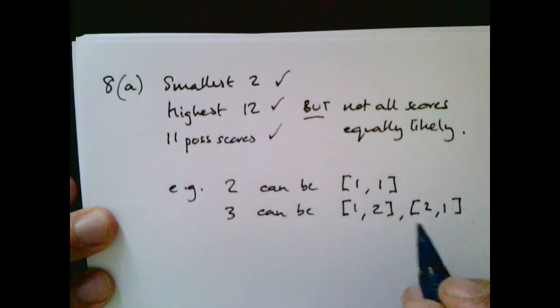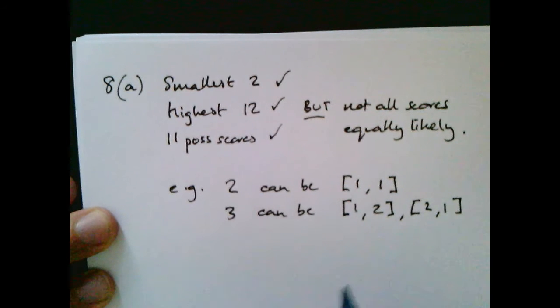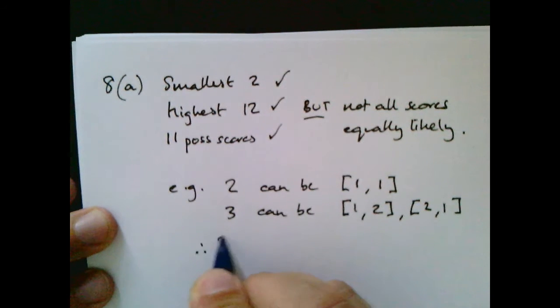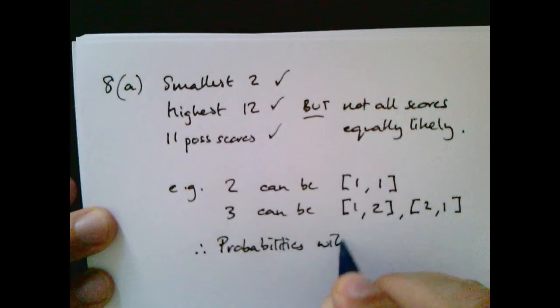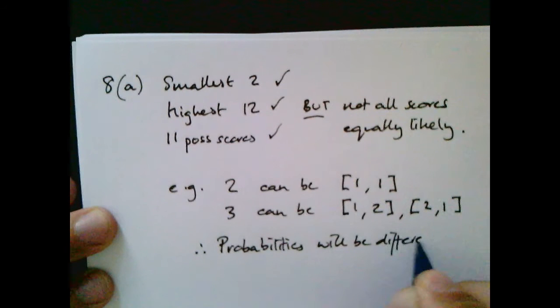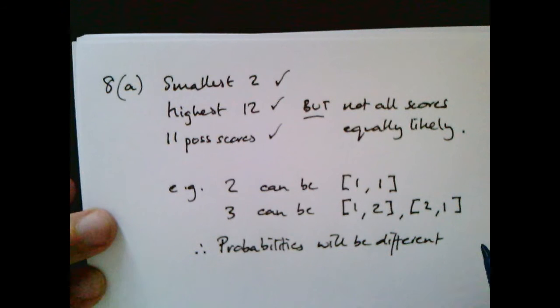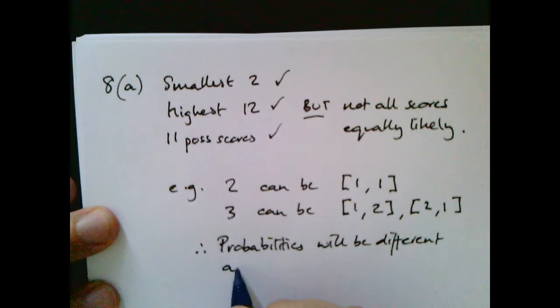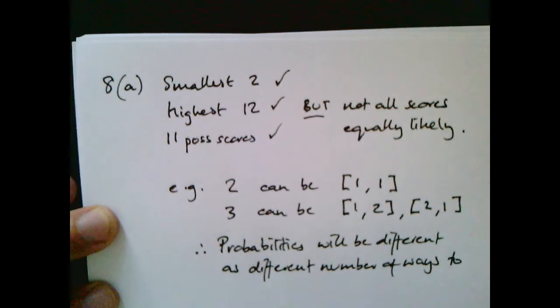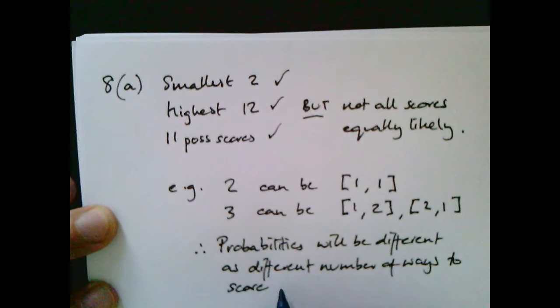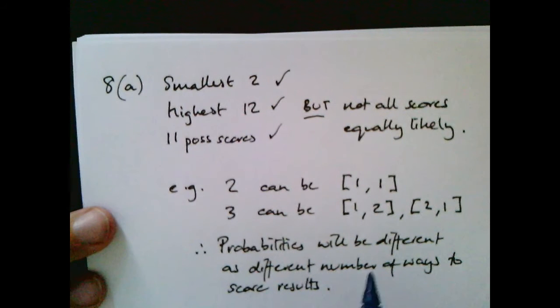But this should be enough to show that the probabilities will be different as different number of ways to score results. Not my finest English, but hopefully that makes sense.